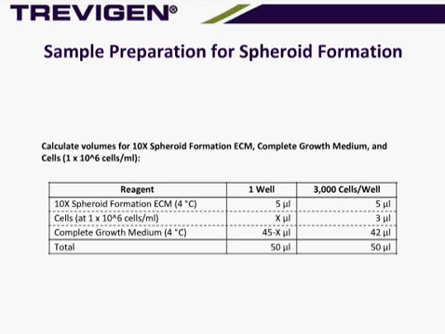We have a 10x spheroid formation ECM. So if it's 10x, we'll use 5 microliters. For the cells, I actually have entered a value of x, and this can be variable.